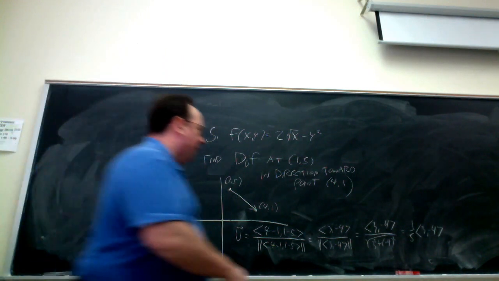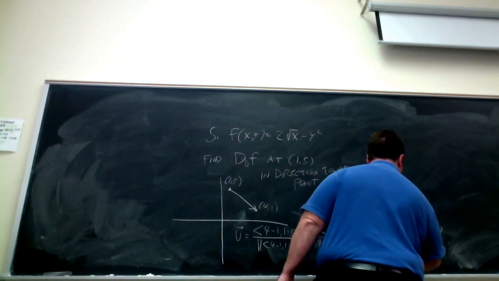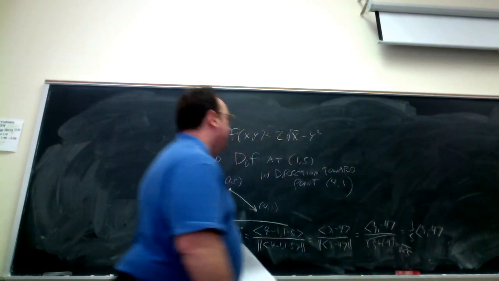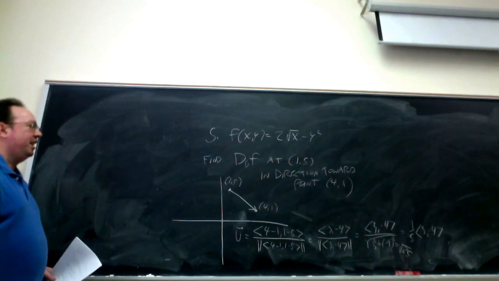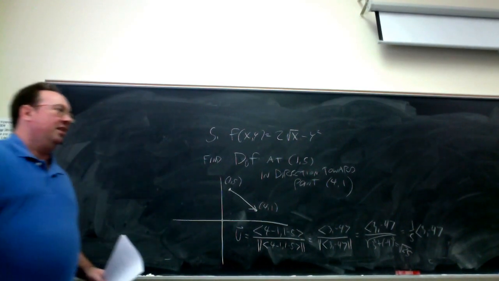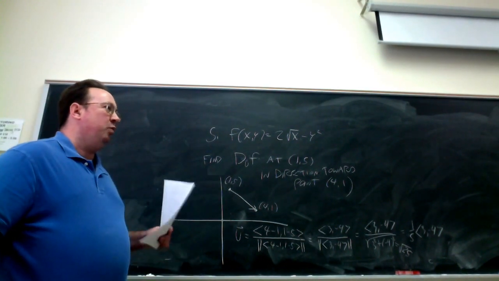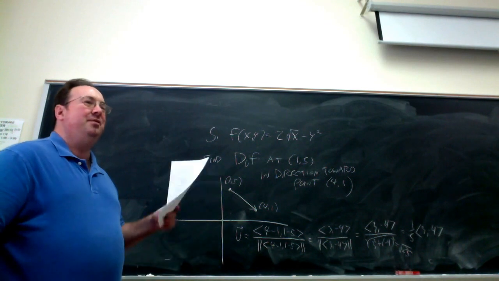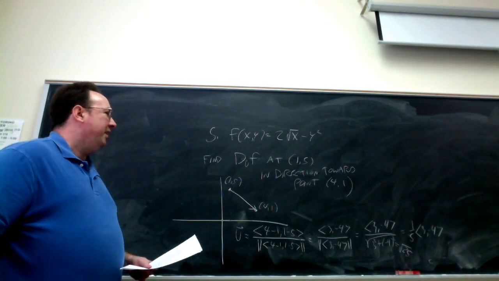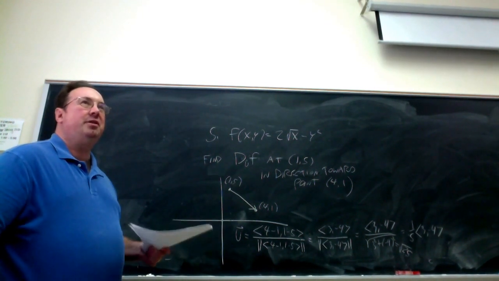What I make sure of on a real test is that it's completely unambiguous as to what direction I really want for the u. And again, you just have to remember to make sure that it's a unit vector.